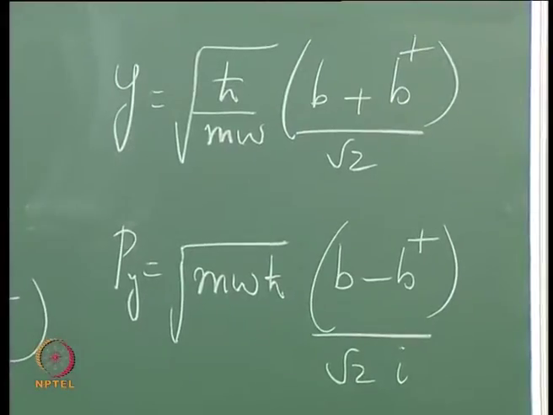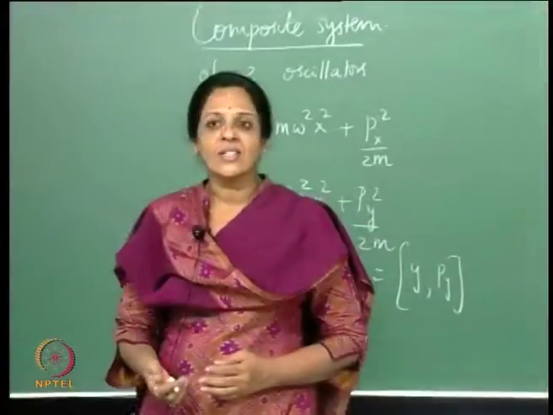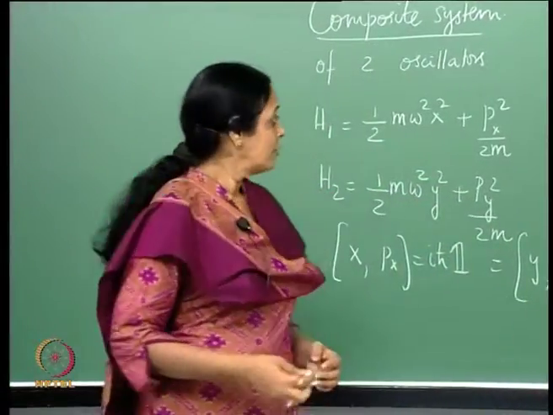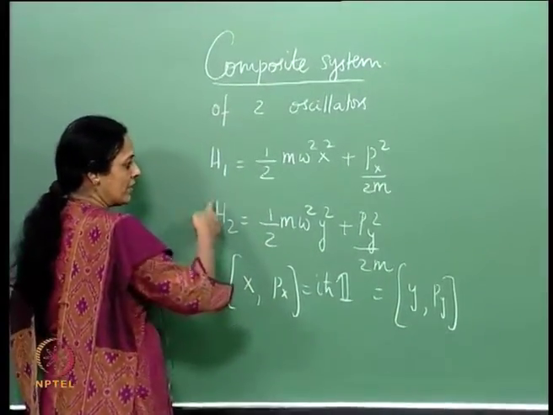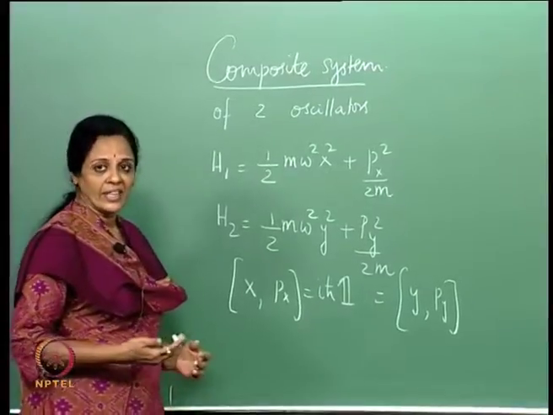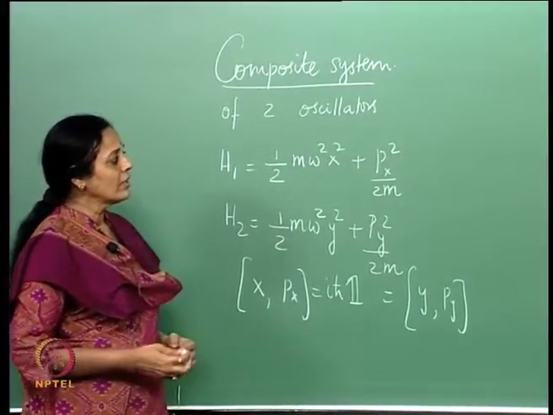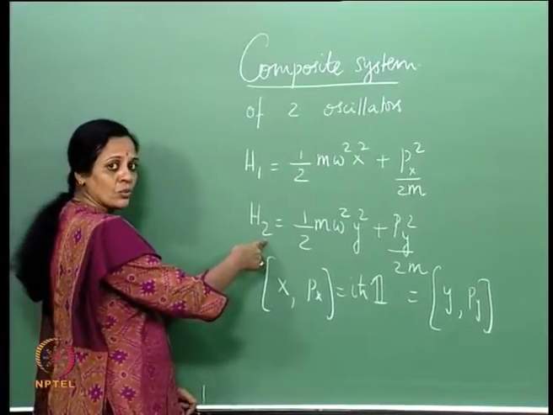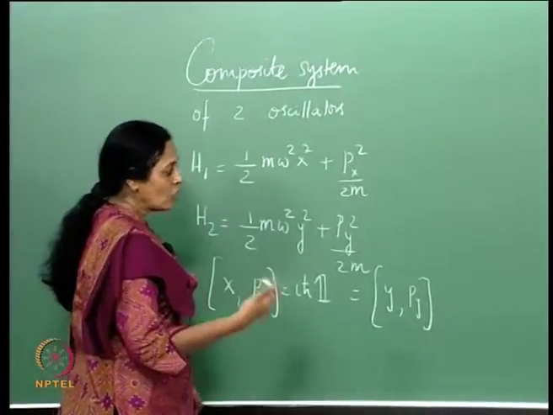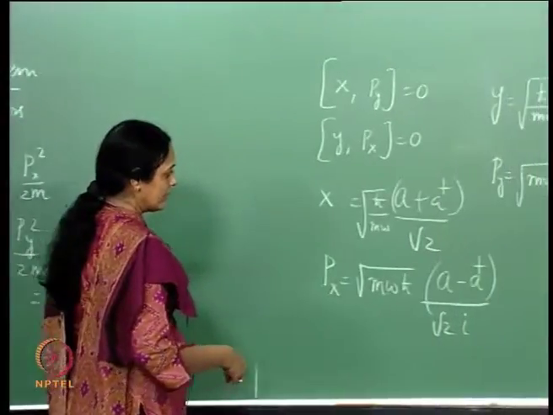In other words, the ladder operators, that is the raising and lowering operators, for the oscillator given by the Hamiltonian H1 are a and a dagger. The corresponding ladder operators for the oscillator with Hamiltonian H2 are b and b dagger.